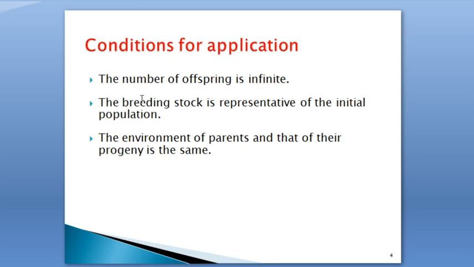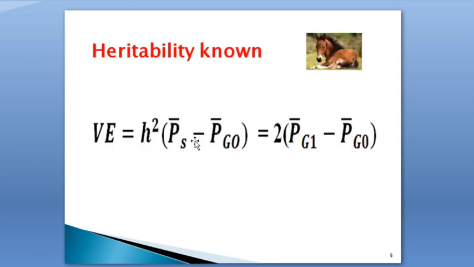Considering that all these conditions cannot be met, in view of improving the accuracy of the breeding value, since it is already biased, 2 important elements are used: when the heritability is known and when the repeatability is known. Their incorporation into the formula of the breeding value improves the accuracy.